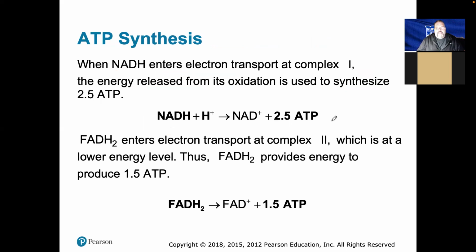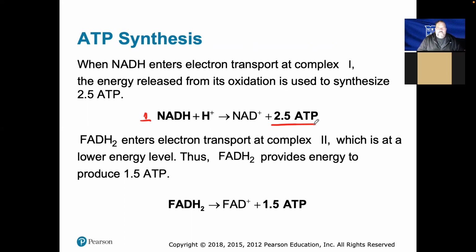When NADH enters electron transport at complex 1, the energy released from its oxidation is used to synthesize 2.5 ATP. So one NADH, when it undergoes oxidation at complex 1, generates 2.5 ATP.